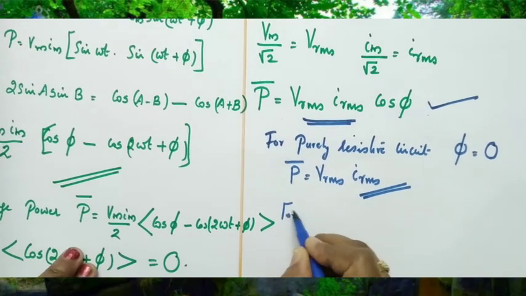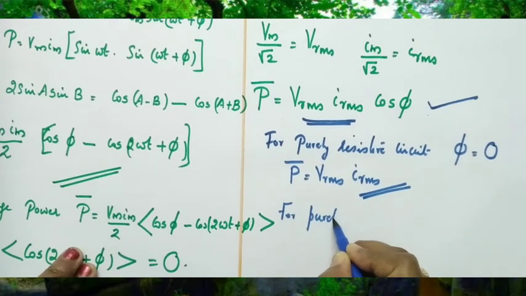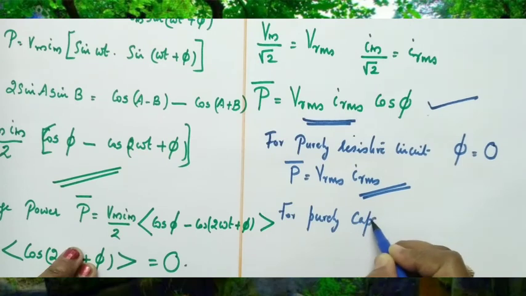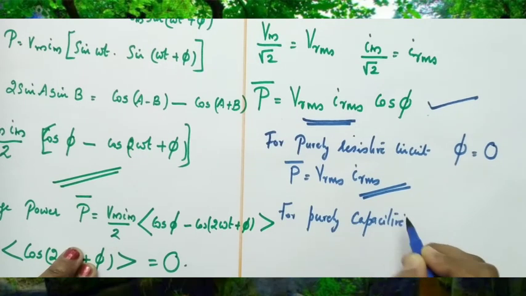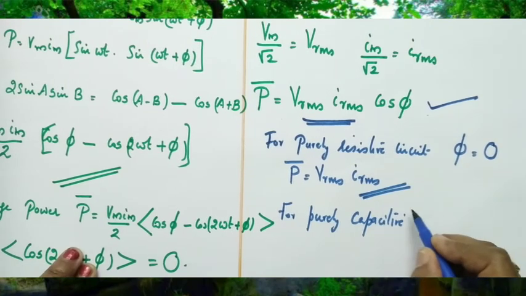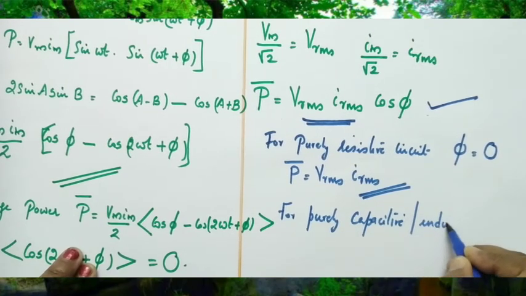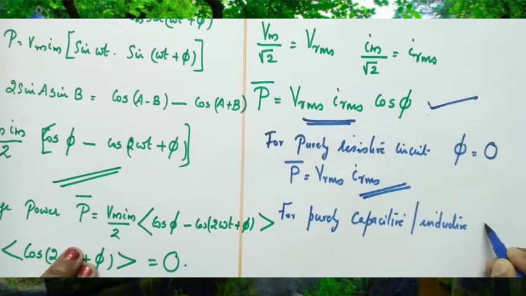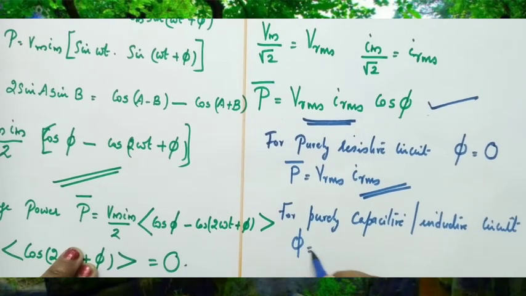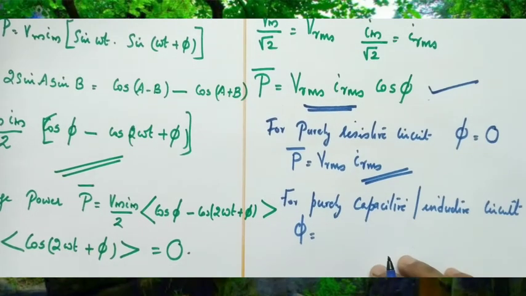Then for purely inductive as well as capacitive circuit, that means AC voltage is connected to a capacitor alone, or AC voltage is connected to an inductor alone, what is phi? The phase difference between voltage and current is equal to pi by 2.